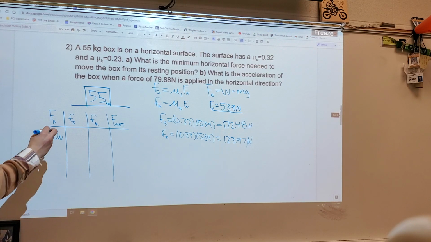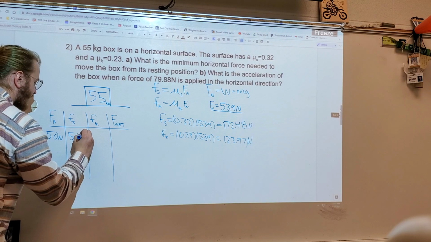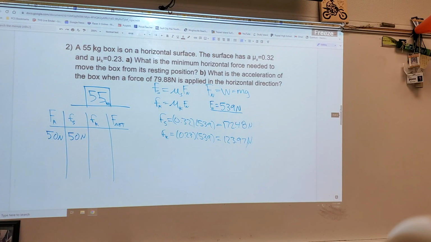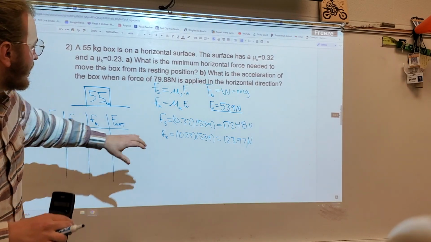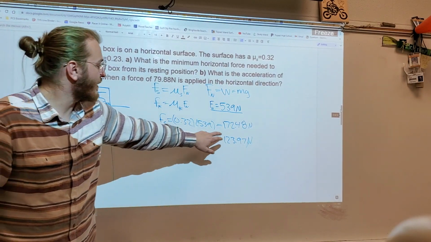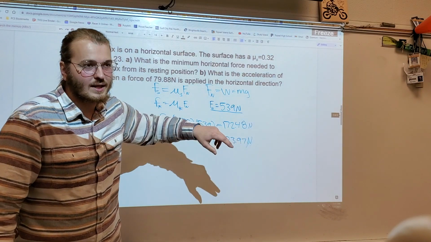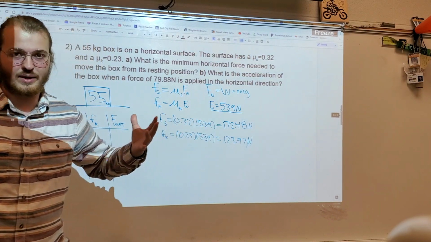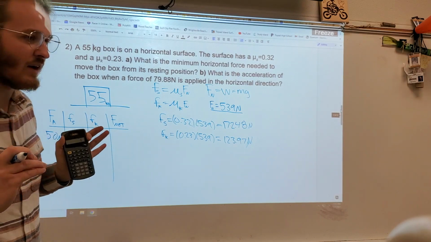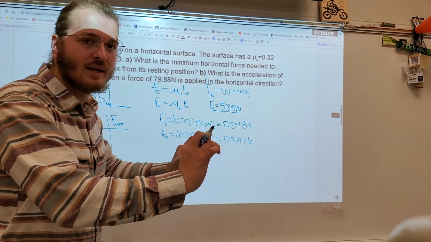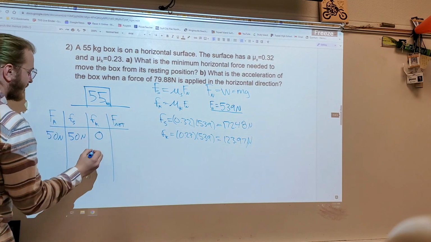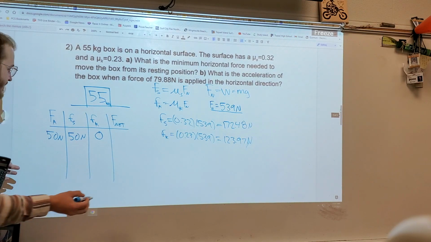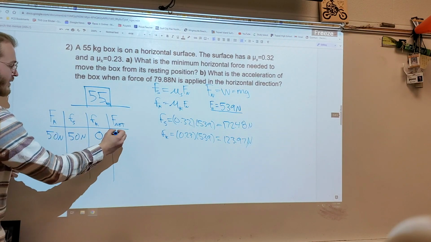That's right, it can only apply 50 newtons of force back to me because I'm only applying 50 newtons of force to it. There's no possible way, even though the static frictional force has a value of 172.48 newtons, it can't apply more force than I'm actually giving to it. That would mean that if I'm trying to push the box, it's actually moving me backwards, which doesn't make sense. Since it's not moving, there's no kinetic friction, and since these two cancel each other out, there is no net force.